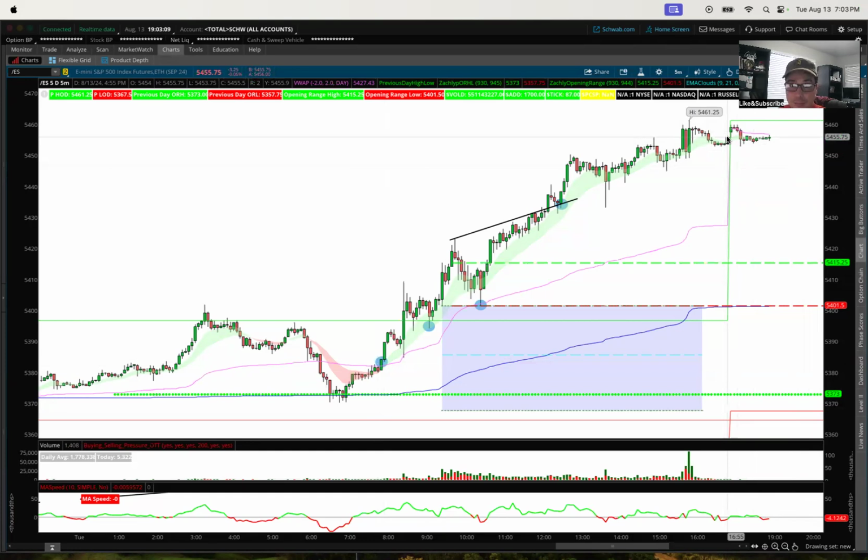That's about a 70-point trade. 10 points is $500 on ES if you're trading the regular ES contracts, not the micros. 70 points right there is $3,500. For a lot of trading accounts, for a lot of the smaller funded accounts, that's enough to pass a funded challenge in one day, right?